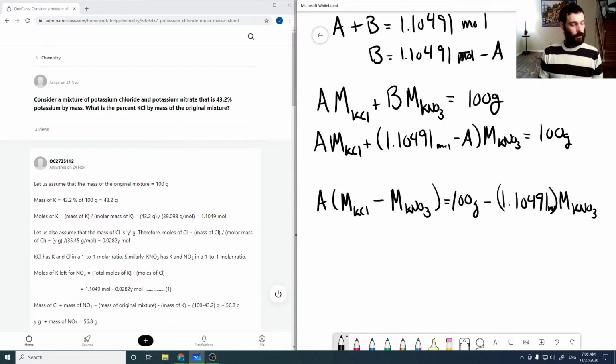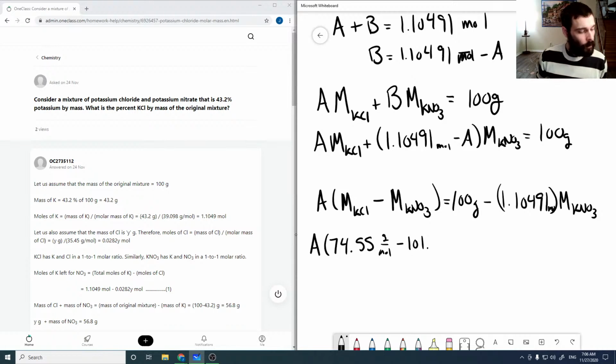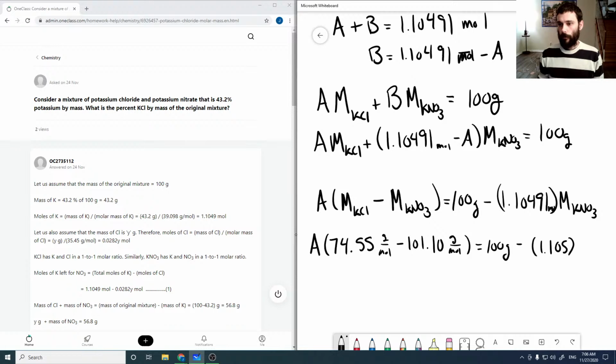Putting in values here now. So this is A times 74.55. I'm just going to start cutting these down a bit, so rather than keeping all those digits, 101.10. And this is 1.105 times 101.10, and that's in moles.